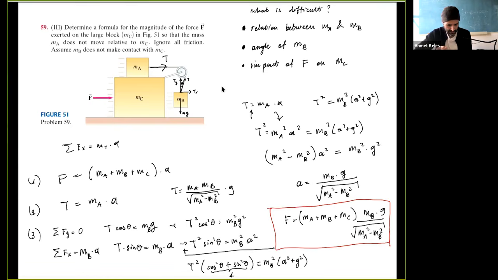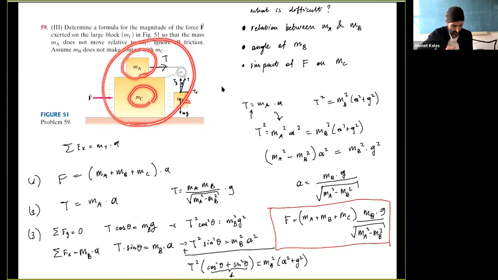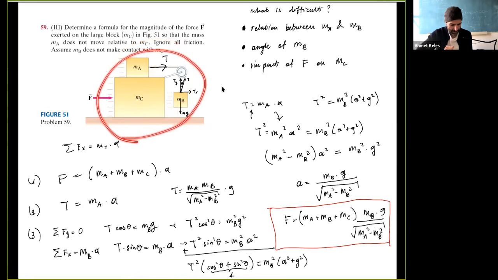MA is actually moving, but MA is not moving with respect to MC or MB. So this whole system moves as one piece, like a fragile balance. And that's the condition for that fragile balance. So what if MA moves relative to MC?